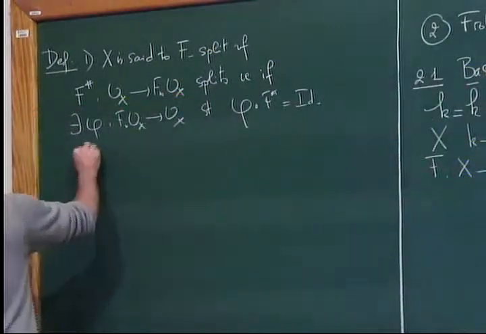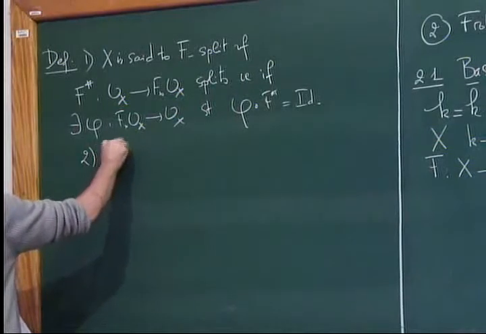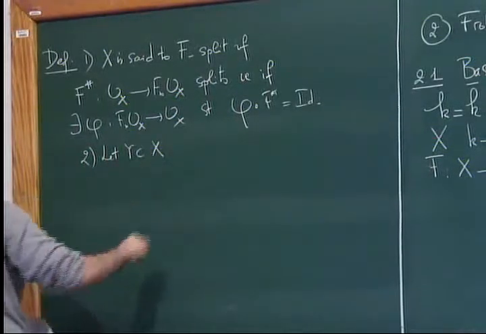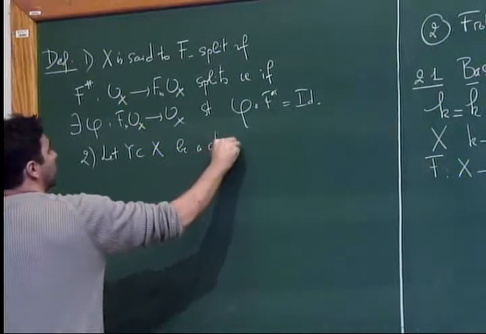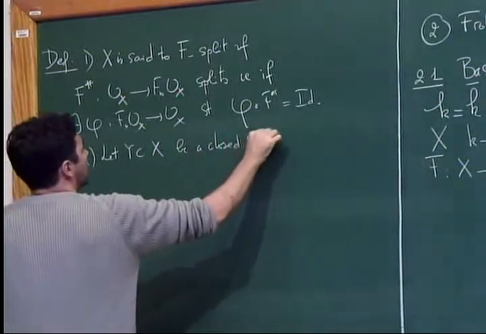The second definition: you consider Y a closed subscheme.